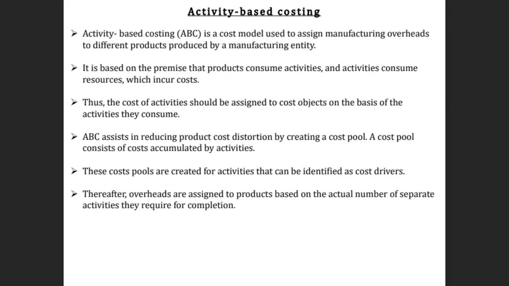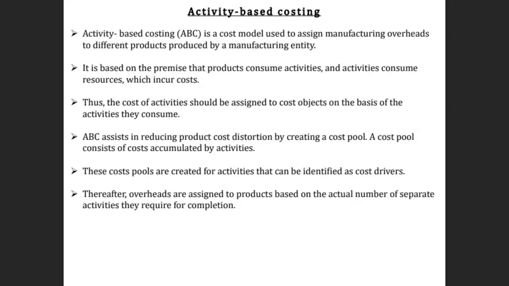Okay, so in the section activity-based costing, we take an overhead cost and assign it on the basis of the activities that are consumed by a particular product. What we mean by that is, for instance, let's suppose that in order to produce one item, there needs to be a setup of a machine or an inspection that needs to be done or some sort of order that needs to be placed and so on.